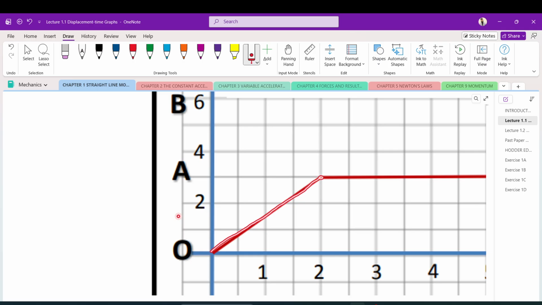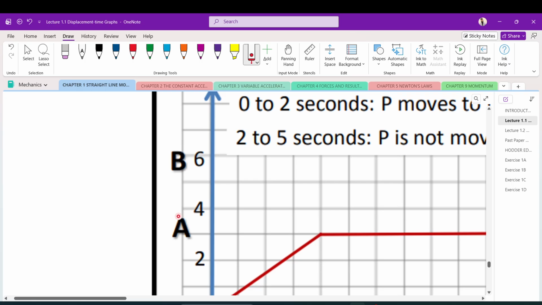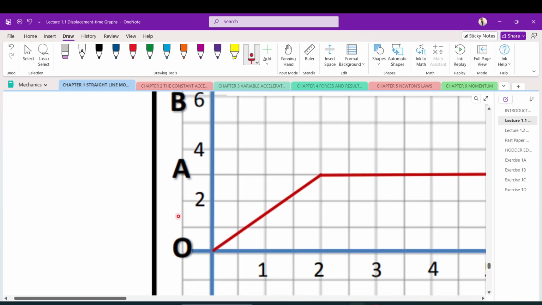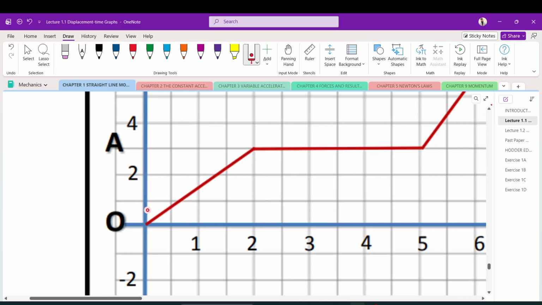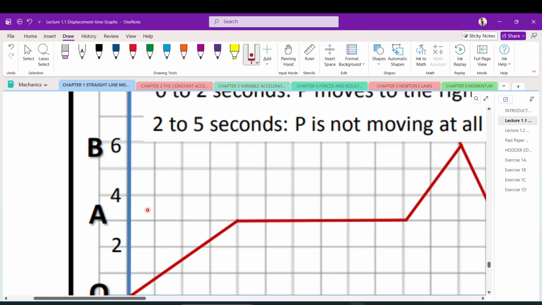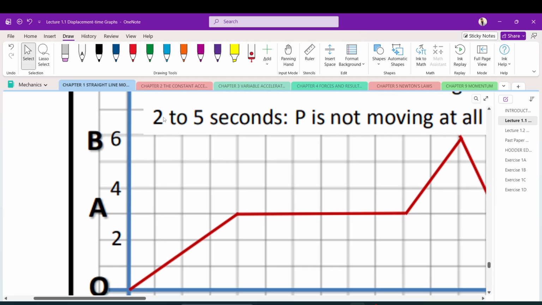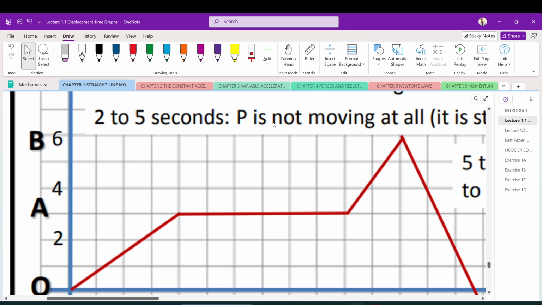After that, it says that from 2 to 5 seconds, P is not moving. Since P is stationary, the displacement will be the same. Sorry, my bad. 2 to 5 seconds means that you have to add 3 seconds, right? I thought that was about adding 5 seconds.